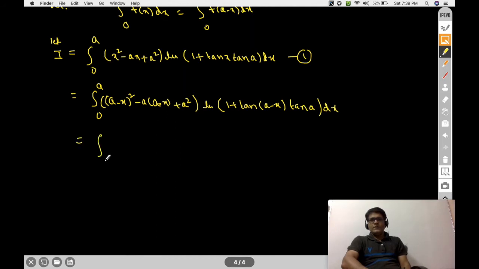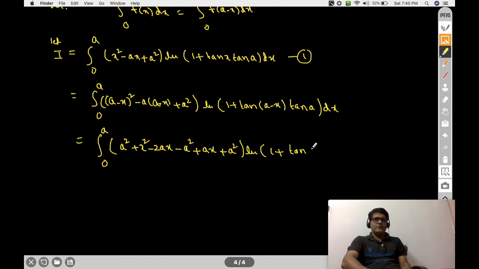Now this is equal to integration of 0 to a. Expand this: a square plus x square minus 2ax, minus a square plus ax, plus a square, into ln of 1 plus tan of a minus x, which is tan a minus tan x by 1 plus tan a tan x, into tan a dx.